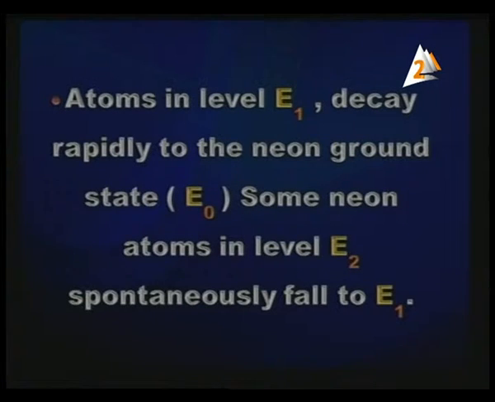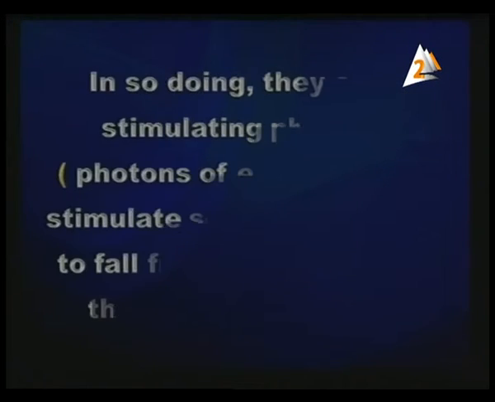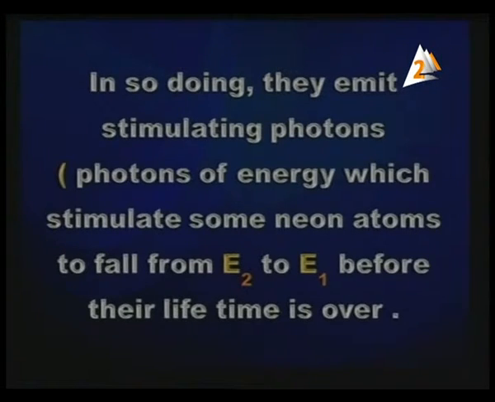Some neon atoms in level E2 spontaneously fall to E1. In so doing, they emit photons, which stimulate some neon atoms to fall from E2 to E1 before their lifetime is over.